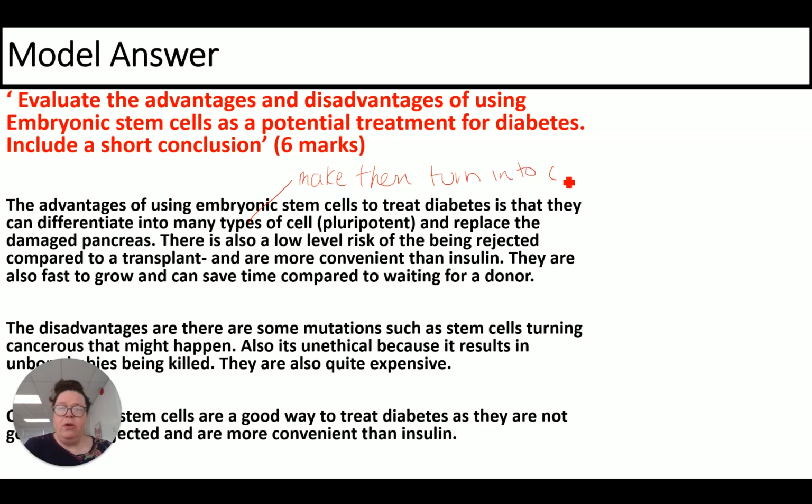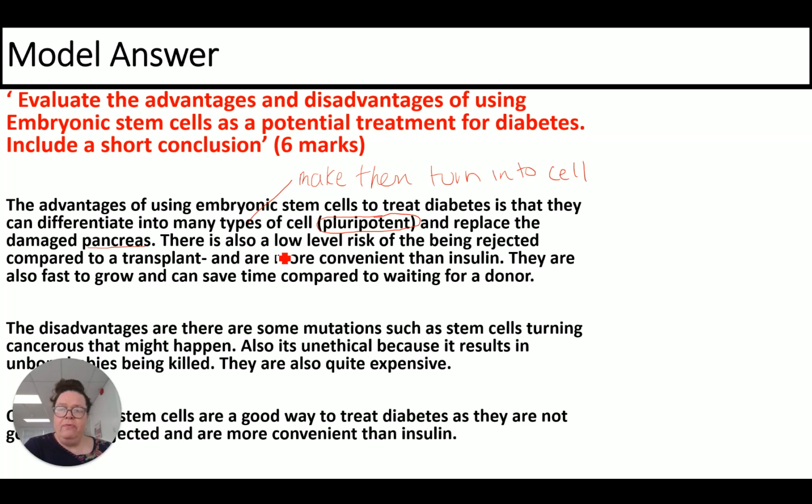So they might want a heart cell or a skin cell or a nerve cell or a muscle cell. Now the posh word for that, they can make all types of cell, is pluripotent. Okay, pluripotent. So we could turn them into pancreas cells and help them with the damaged pancreas.